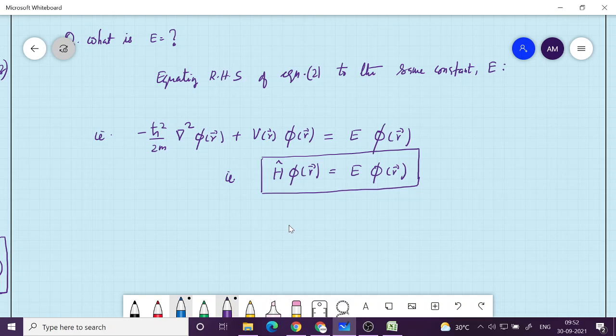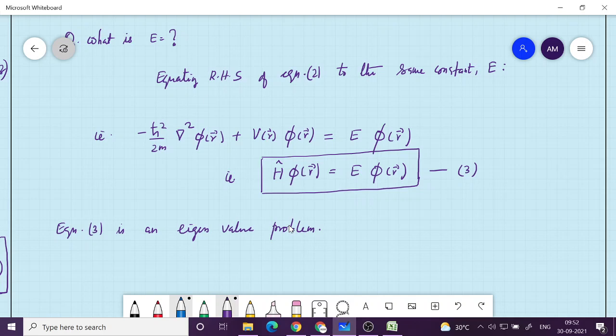So this kind of equation is called an eigenvalue equation. So this is equation 3. Equation 3 is an eigenvalue problem. What do you mean by eigenvalue problem?